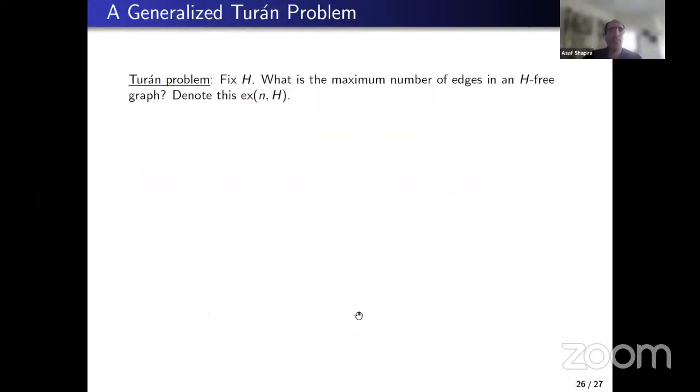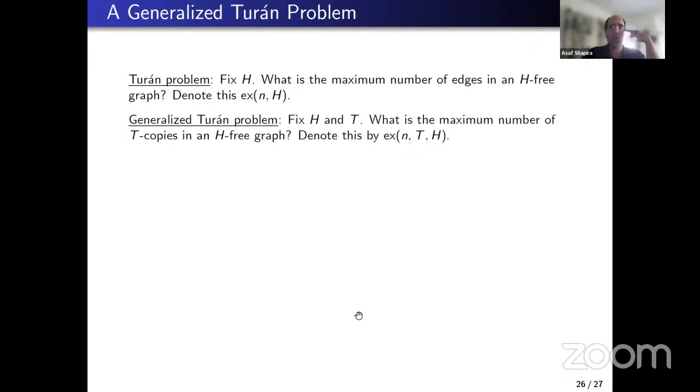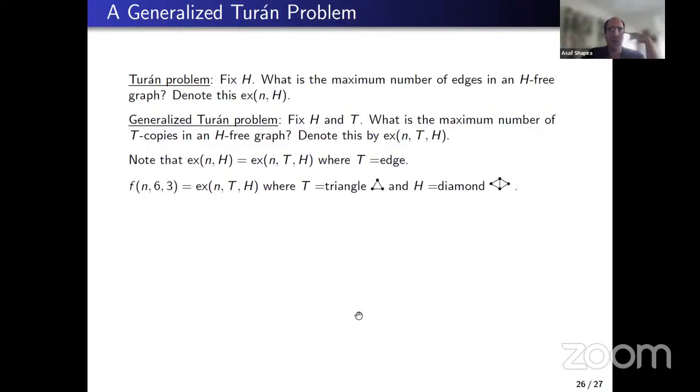And to prove this result, which is the last result I'm going to mention, we consider what is called the generalized Turán problem. In a Turán problem, we fix a graph H and we ask, what is the maximum number of edges in a graph on n vertices without a copy of H? And the generalized Turán problem is that we fix two graphs, H and T, and we ask what is the maximum number of copies of T in an n-vertex graph without a copy of H. It's easy to see that this is indeed a generalization of the Turán problem.